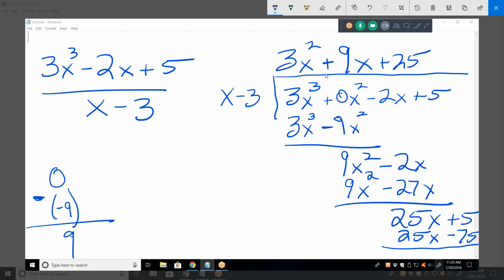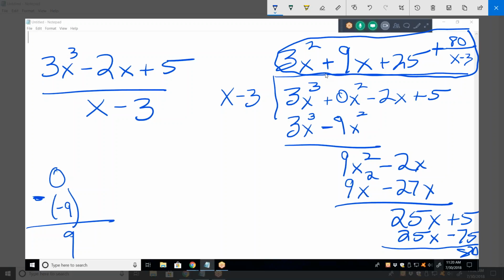You get 80. Okay, and the way that's written, we don't say just remainder 80. What we want to say is we're adding this fraction to that polynomial, 80 over x minus 3. So there's your full and complete answer.